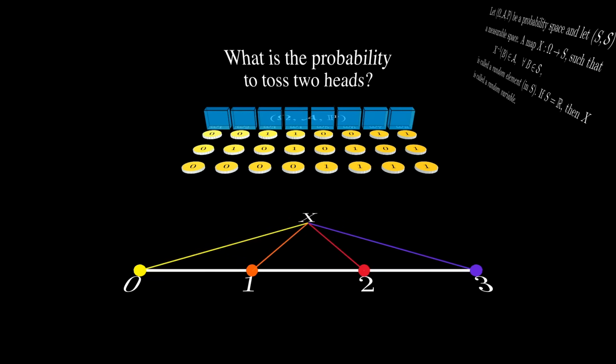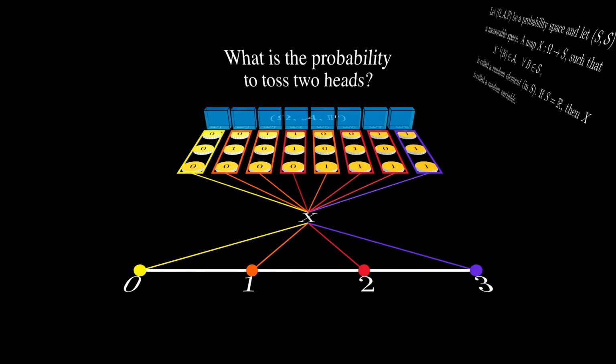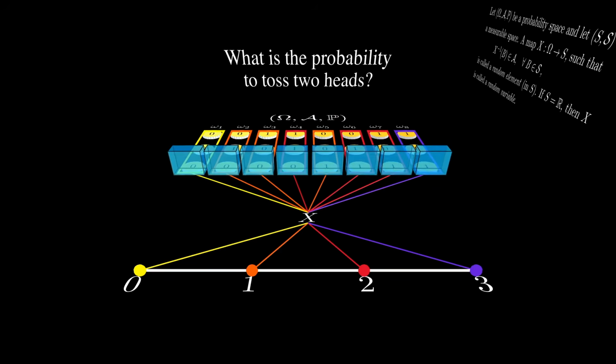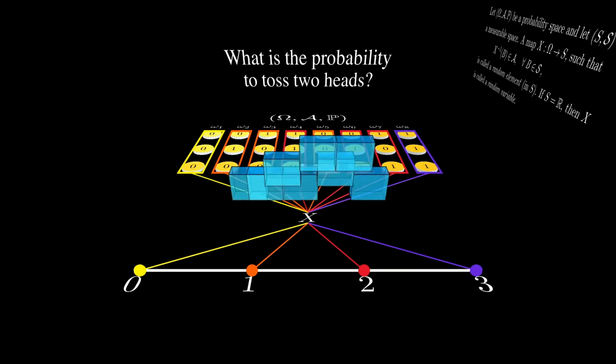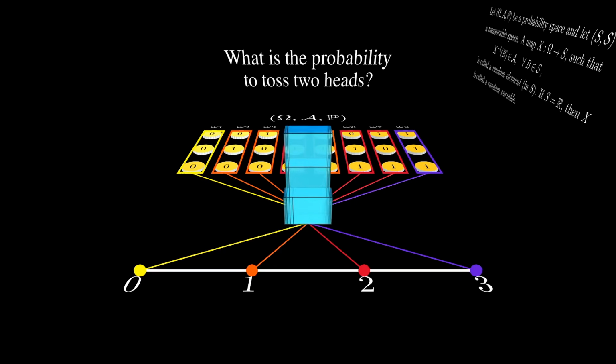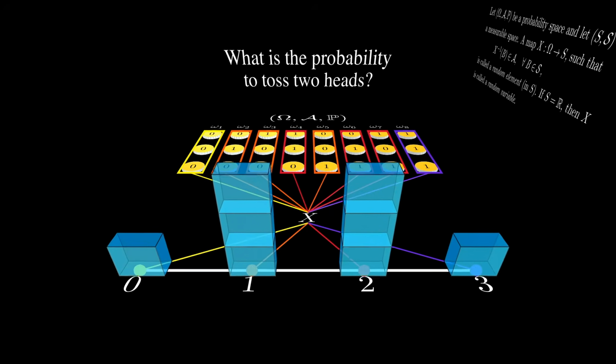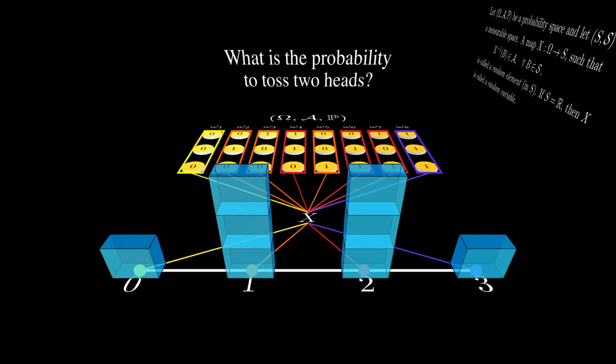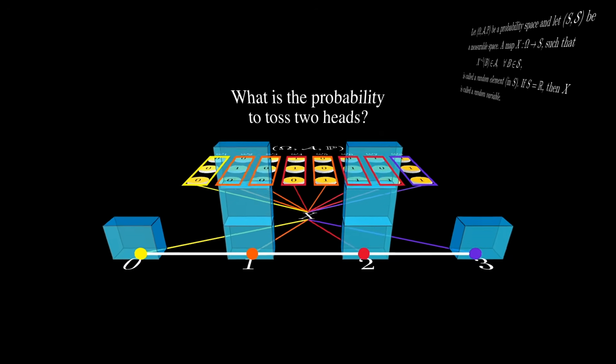And if we simply do this for all values, all the mass on omega gets distributed over the image space, and since pre-images of disjoint sets are disjoint again, this procedure indeed defines a new probability measure on the image space, which in general is called the push-forward measure, and in probabilistic terms is called the distribution of X.